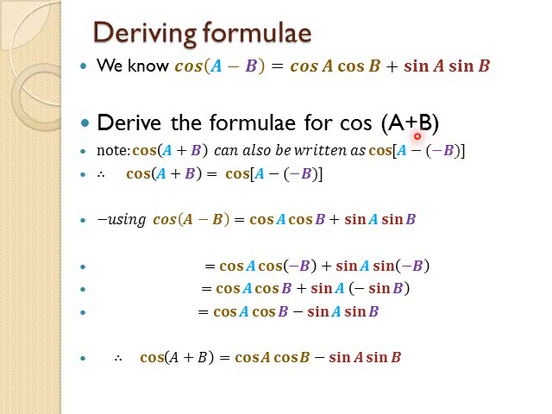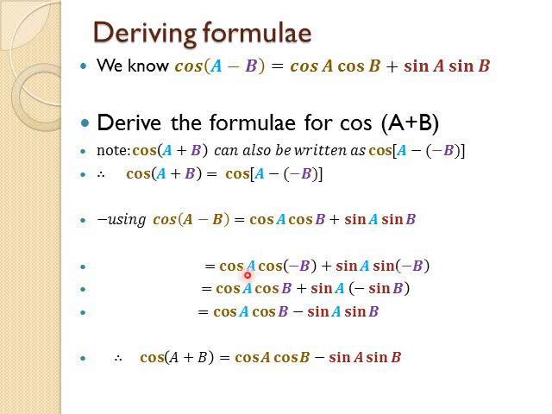Remember, negative times negative still gives me the positive. Using the formula above, we can expand this, so that would read cos A cos(-B) plus sin A sin(-B).